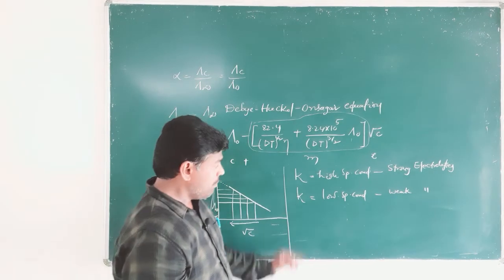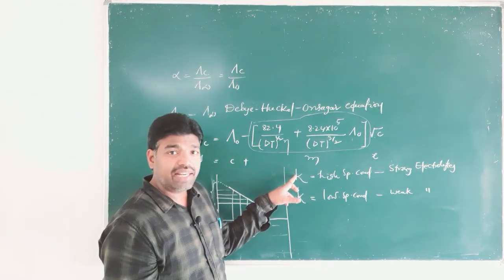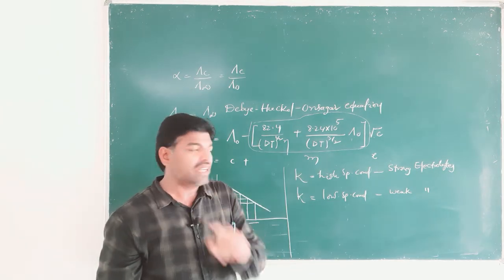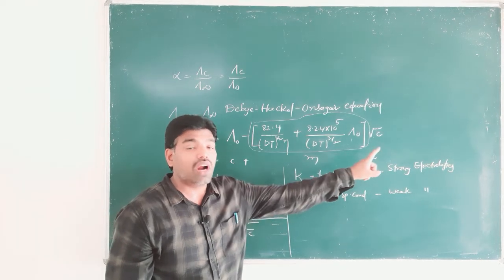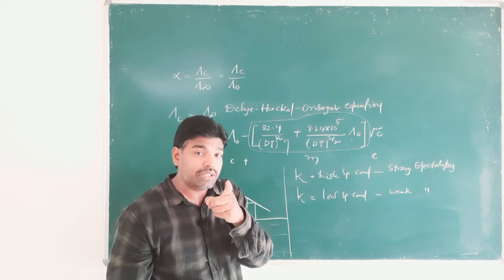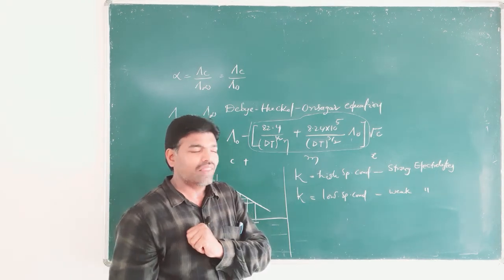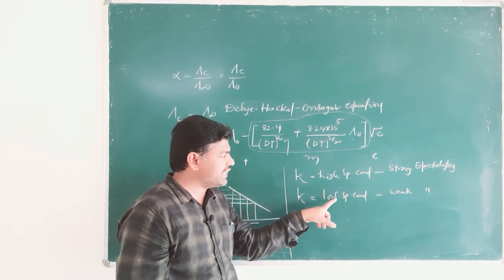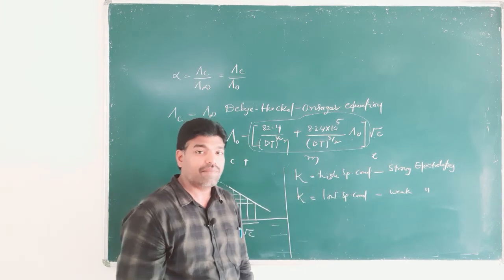So based on the specific conductance values, electrolytes are classified into two types. An electrolyte with a high specific conductance value is called a strong electrolyte, and you know that specific conductance increases with increase in concentration, right? An electrolyte with low specific conductance values is called a weak electrolyte.